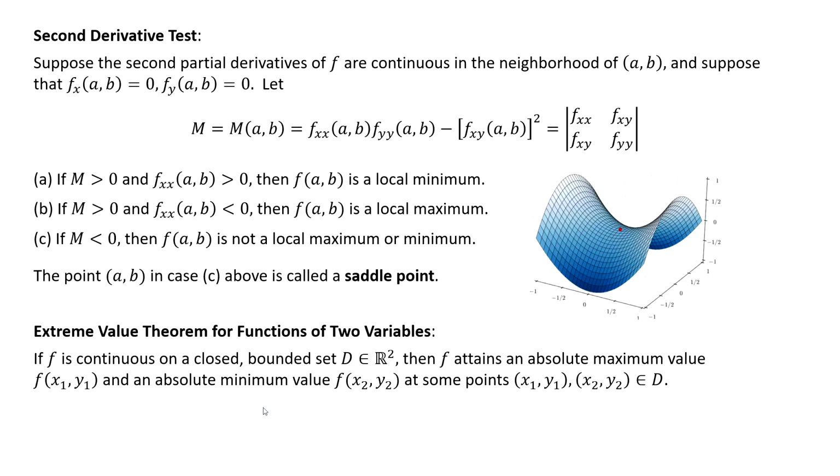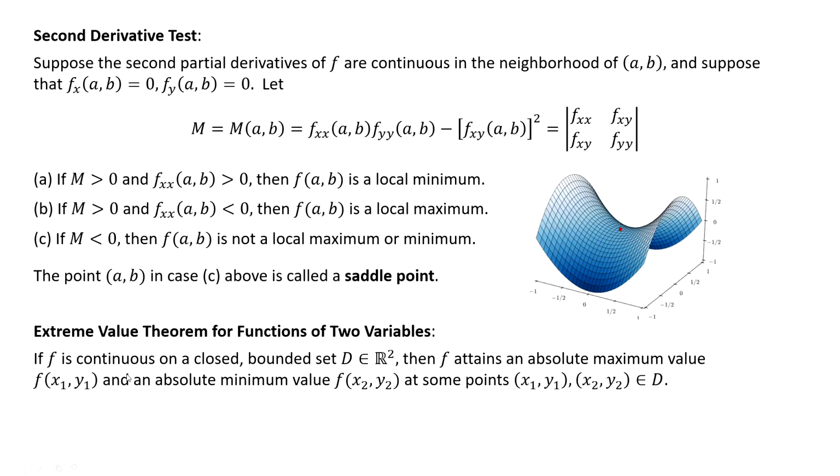If f is continuous on a closed bounded set D in R2, this is sort of the domain, the counterpart of the closed interval [a, b] in the y equals f of x situation, then f attains an absolute maximum value f of (x1, y1) and an absolute minimum f of (x2, y2) at some points (x1, y1) and (x2, y2) in that set D. Guaranteed.